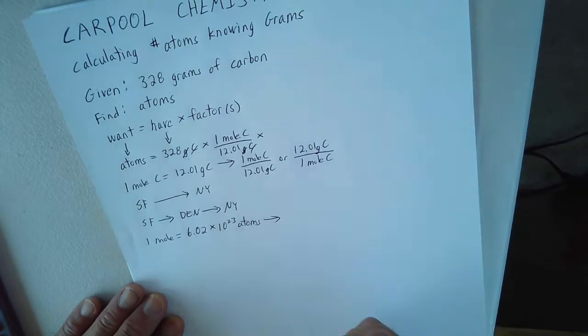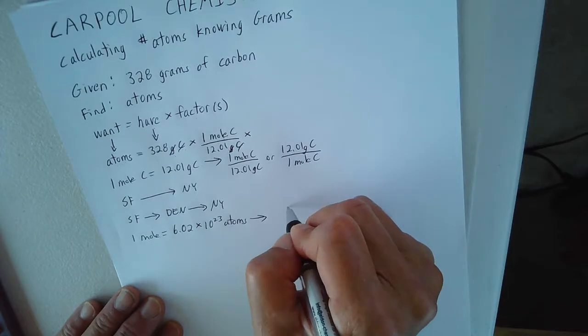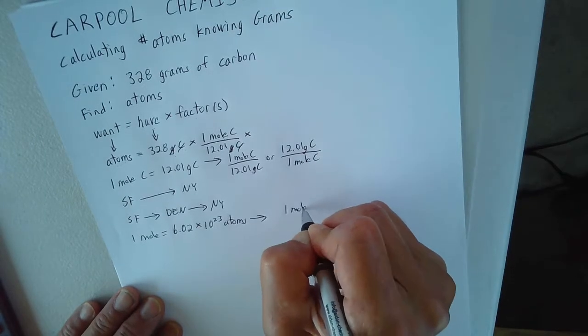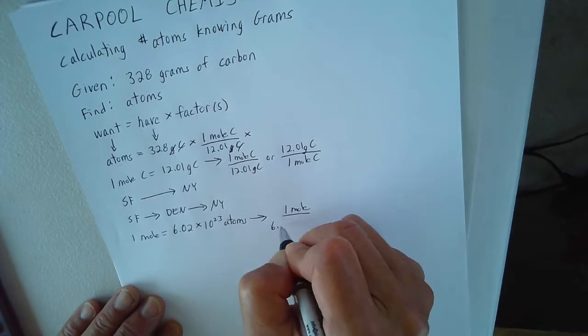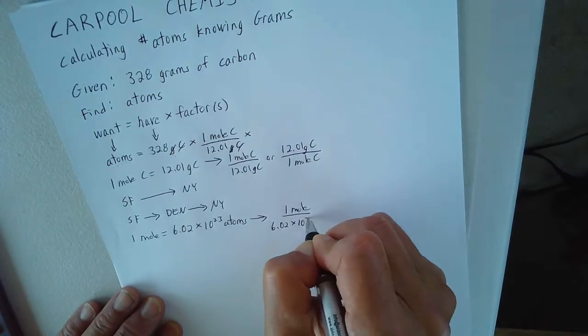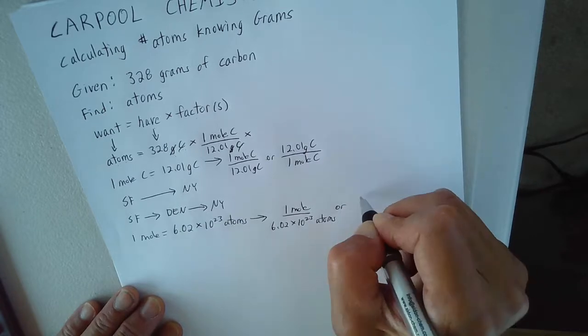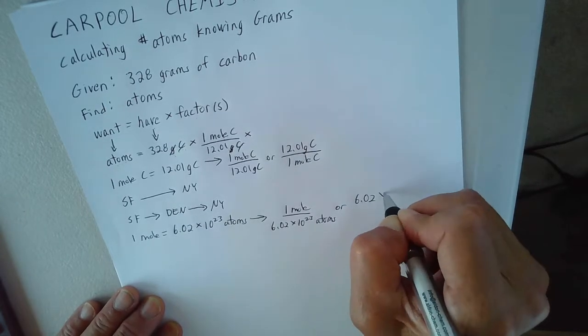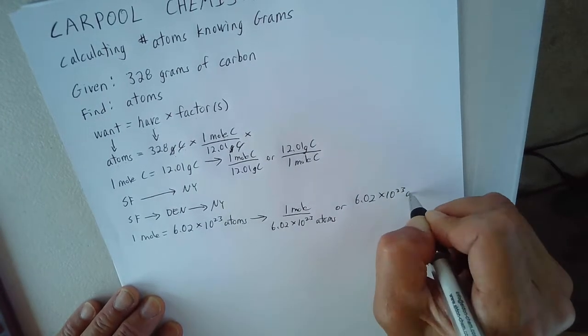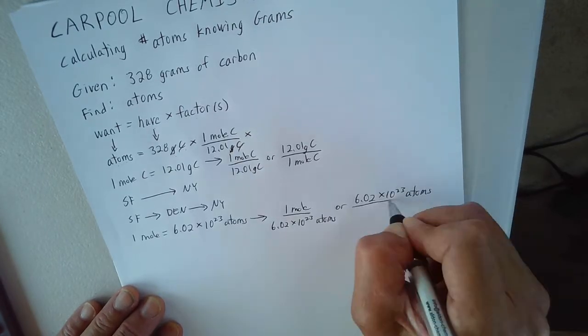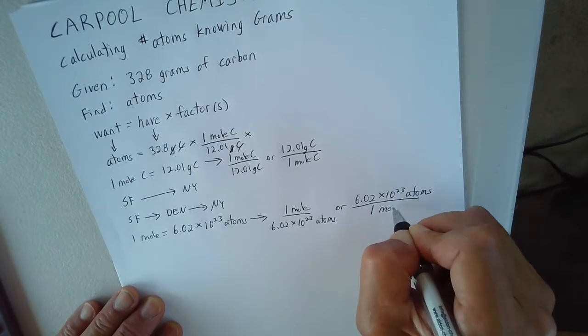And from this relationship, we know that there's 1 mole for every 6.02 times 10 to the 23rd atoms. Or we could say there are 6.02 times 10 to the 23rd atoms for every 1 mole.